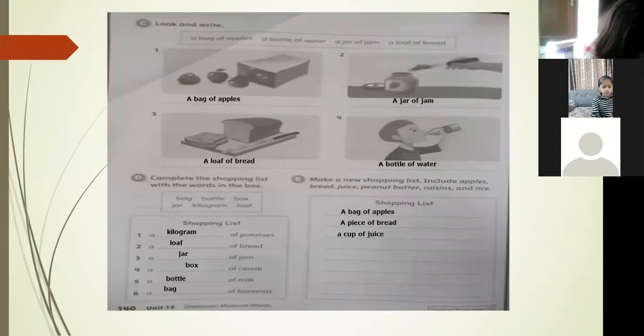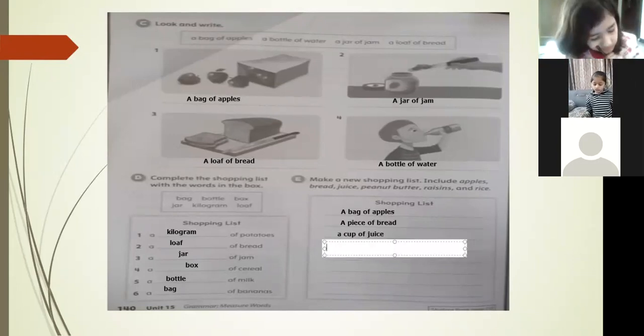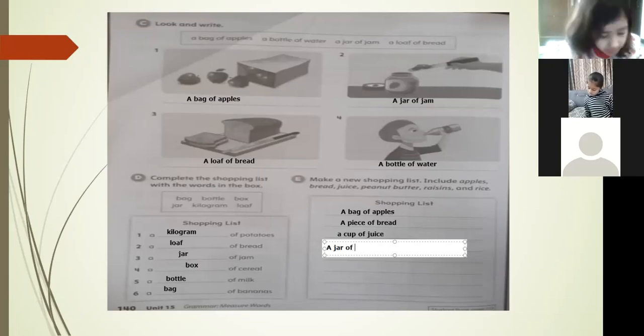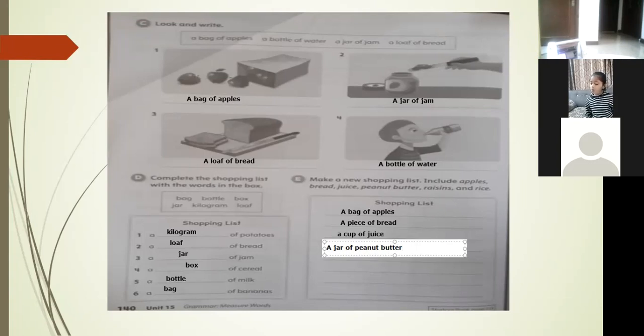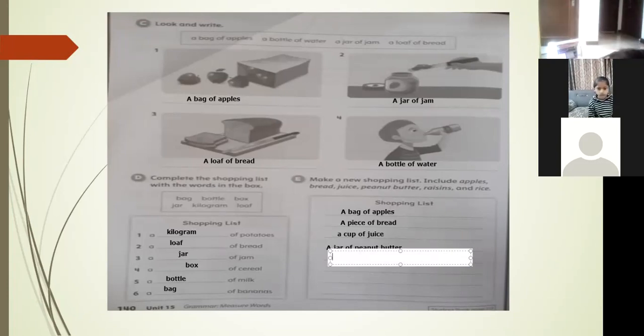Okay, peanut butter. So peanut butter usually comes in jars. So we would say a jar of, or you can say a bottle of peanut butter, right? It's up to you. Raisins. A packet of raisins. We usually buy raisins in the form of packets.